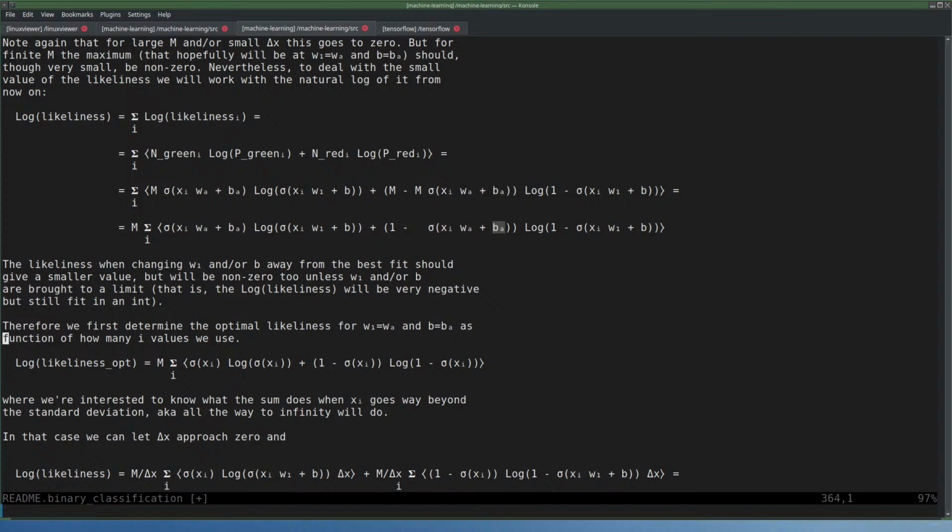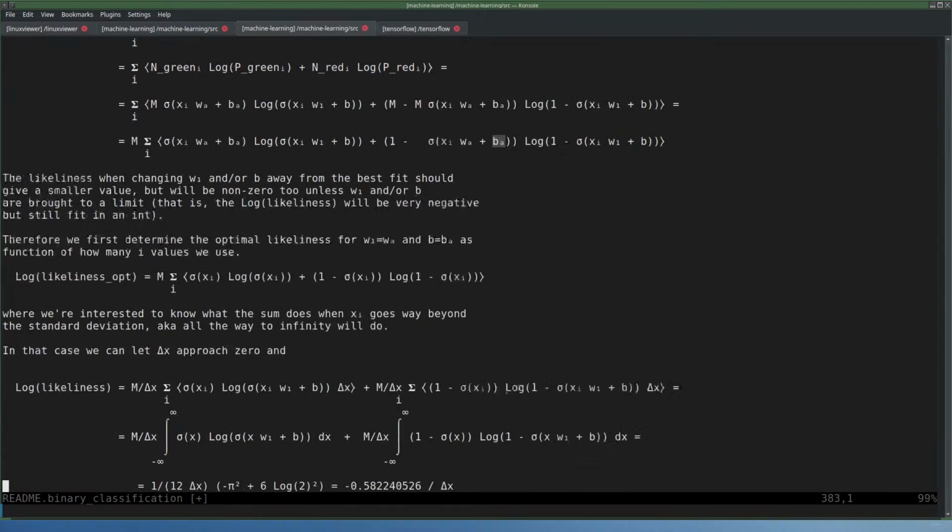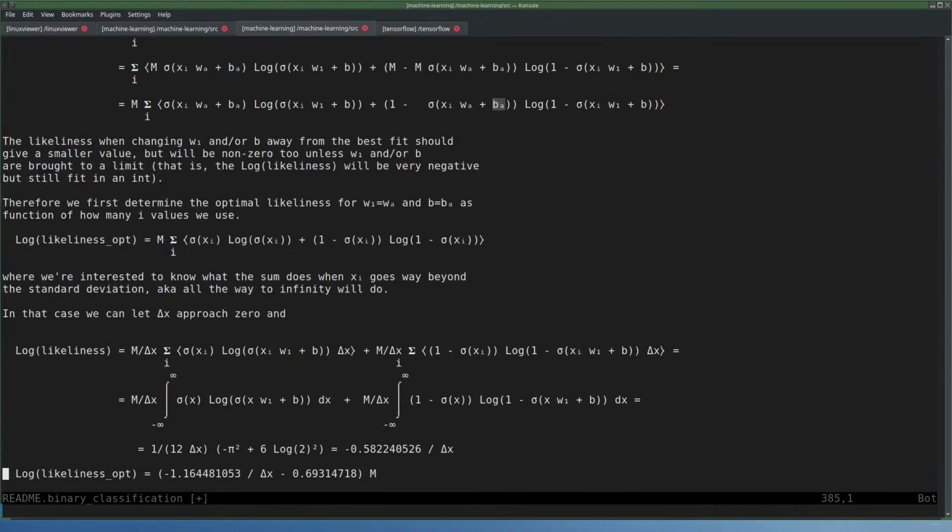Let's function how many i values we use. Here it becomes a bit fuzzy and flaky. Fortunately, this is the current end of the README.